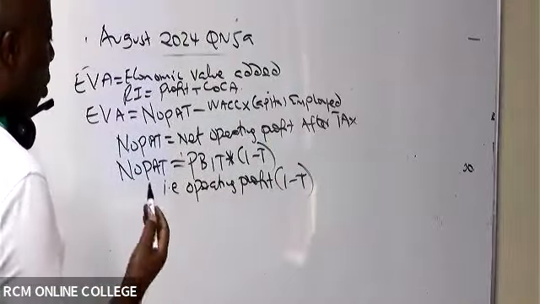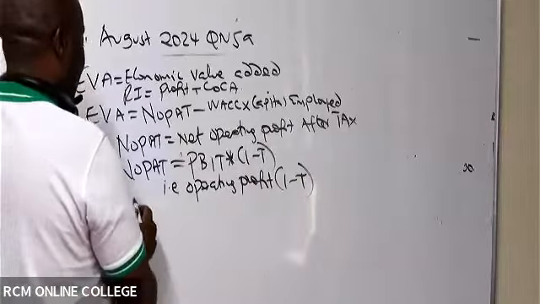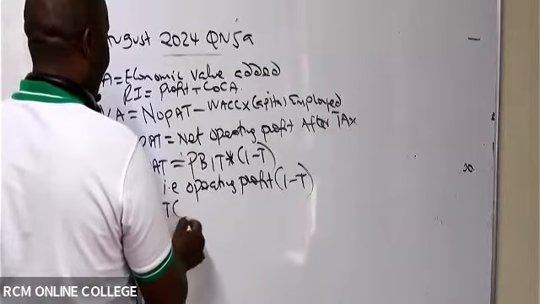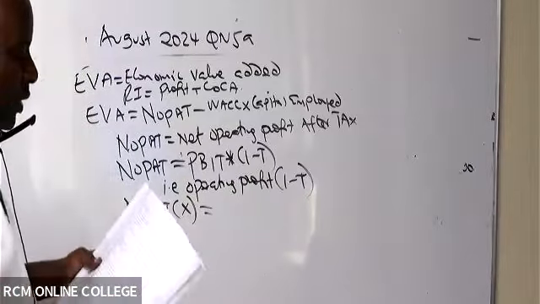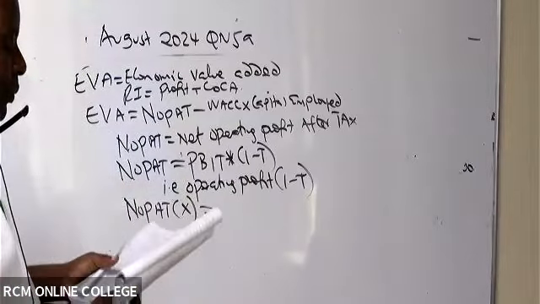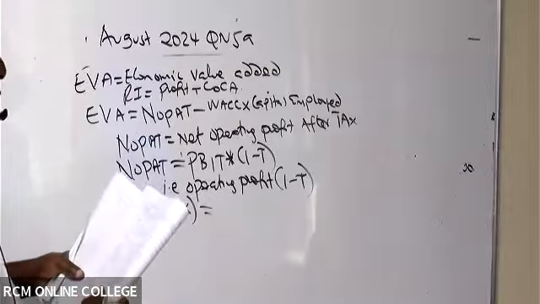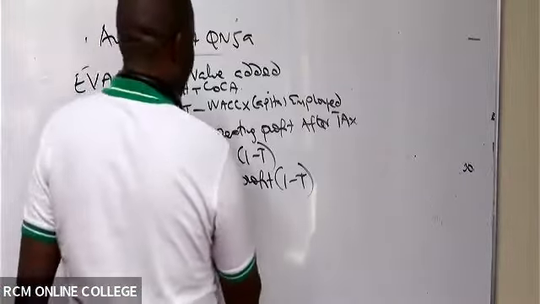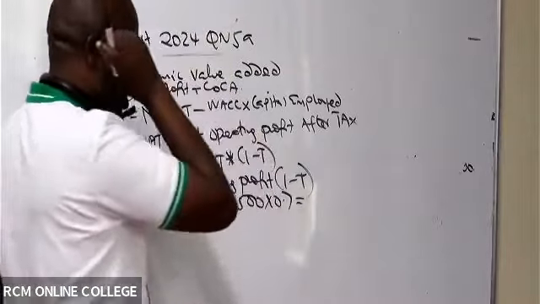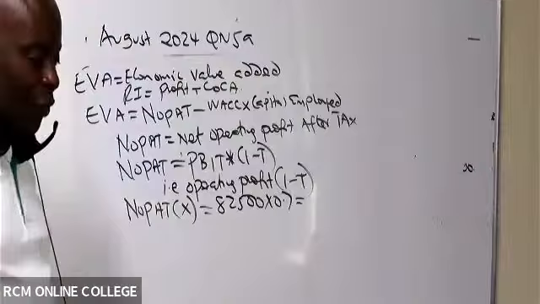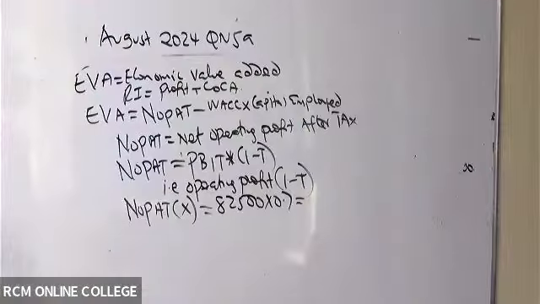Now they give us NOPAT for X. Fortunately, they have given us the operating income for X, which is 82,500. 82,500 times 0.7. I'm 100% sure you haven't yet seen where I got 0.7 from.